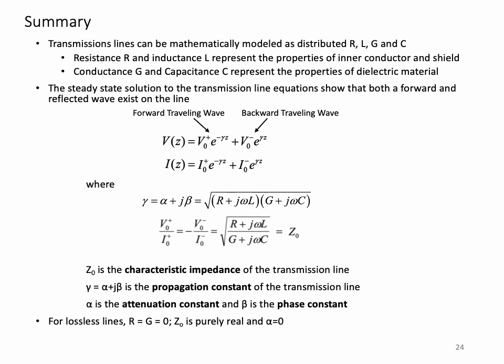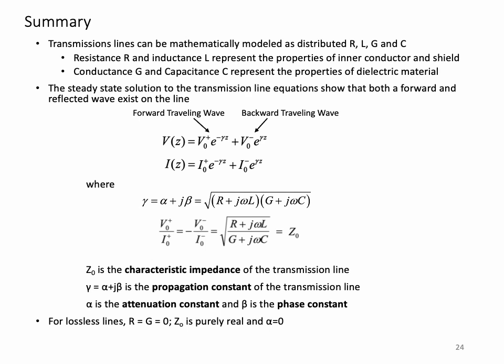We showed from the telegrapher equations that were developed by Heaviside that the steady state solution consisted of both a forward and reflected wave. The relationships between the reflected waves were shown by these equations here. Z0 is called the characteristic impedance of the transmission line.